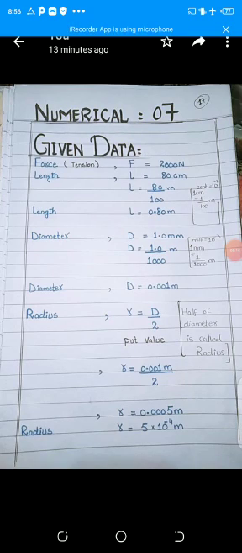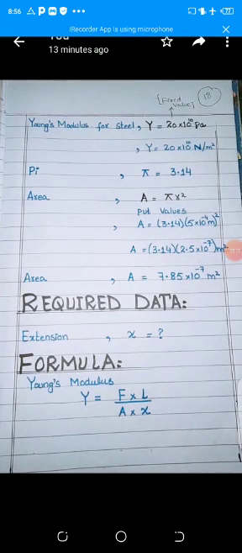So the radius R comes to 5 into 10 raised to the power minus 4 meter. Young's modulus of steel Y equals 20 multiplied by 10 raised to the power 10 Pascal. We can also write it as 20 multiplied by 10 raised to the power 10 Newton per meter square, the same, no difference from Pascal or Newton per meter square. Pi value is 3.14.